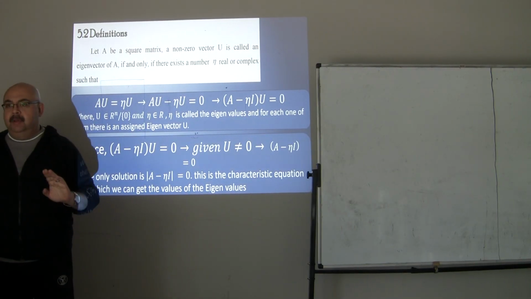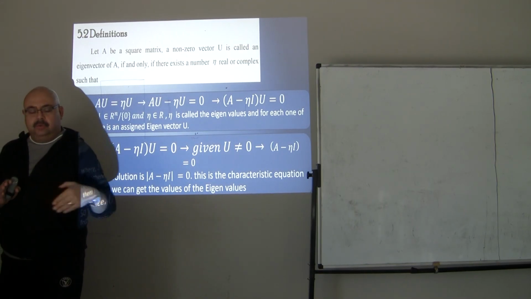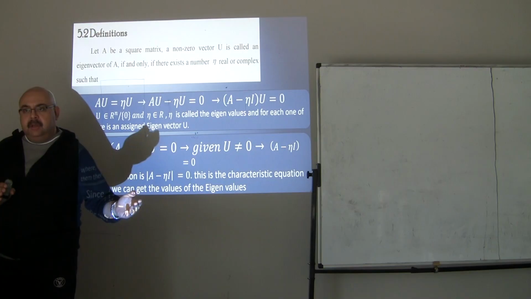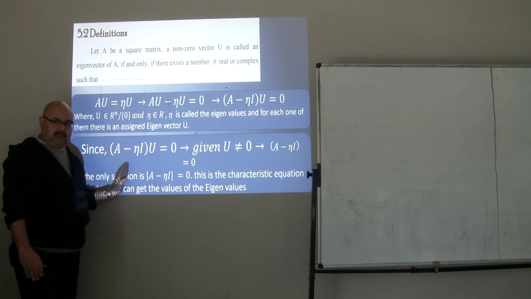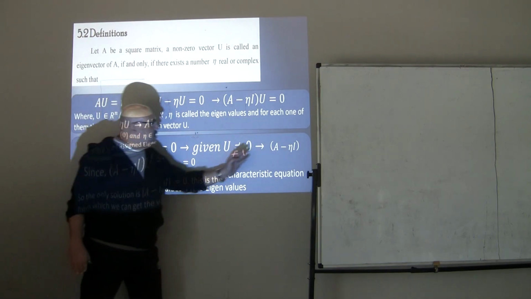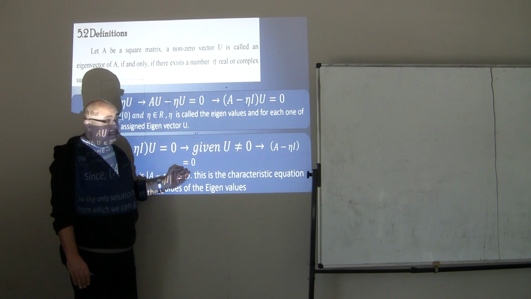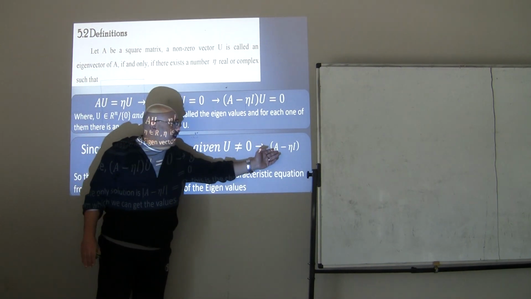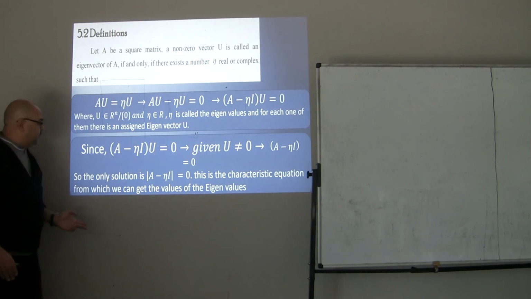So once more, the story starts like this. I have a matrix A times a vector equal to some constant times the vector. Already I've succeeded in bringing them all to the left-hand side, so I ended up with this matrix equal to 0, which is a function of A minus eta I, which is going to develop the eigenspace.